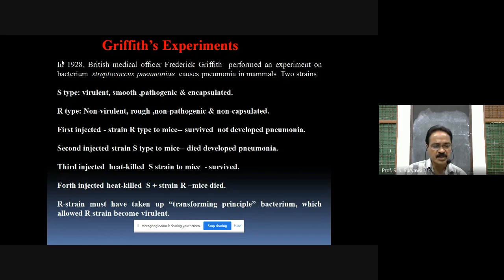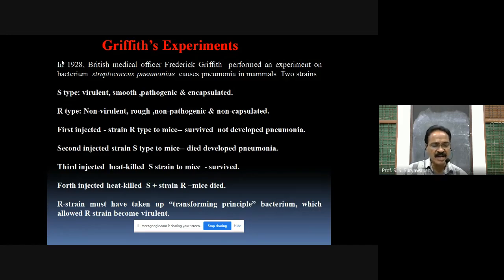As I told before, he chose a group of mice and injected these strains one by one. One after another, he injected the different strains and observed certain results which give an idea of which factor is responsible for pneumonia.